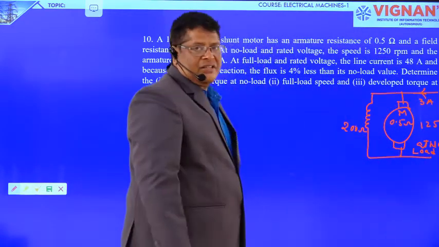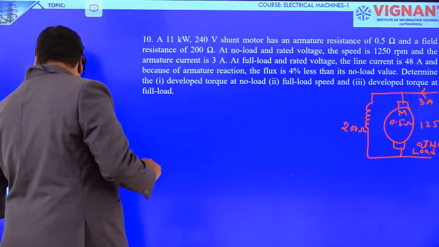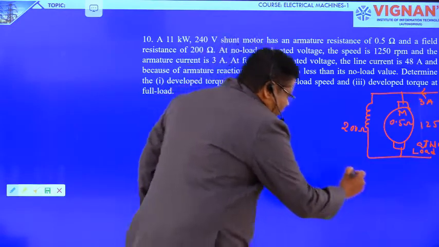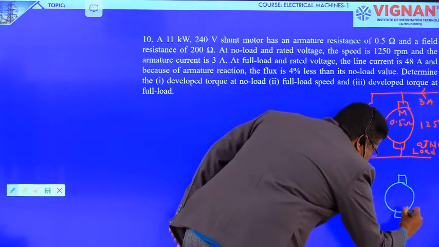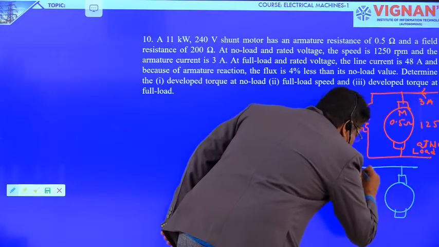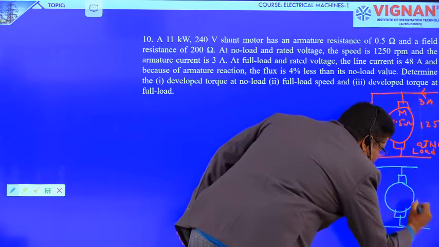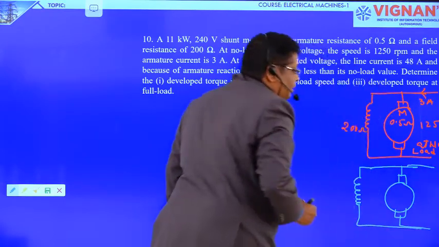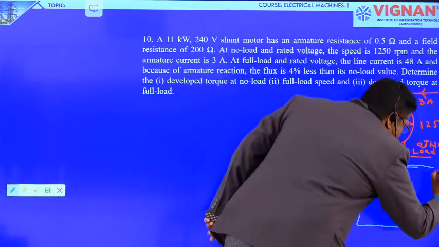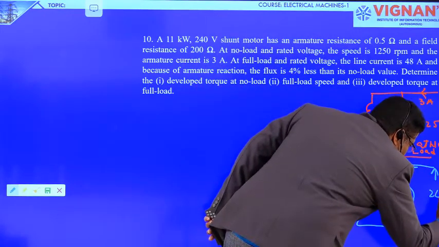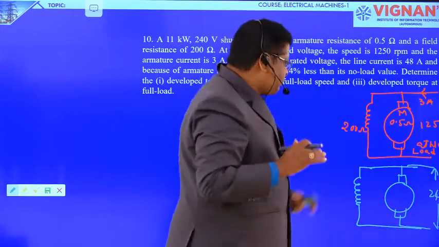That is the first case. In case 2, the same motor, I am going to draw again with the shunt field winding. Here the supply is 240 volts. In both cases it is 240 volts only, there is no change in the input voltage.